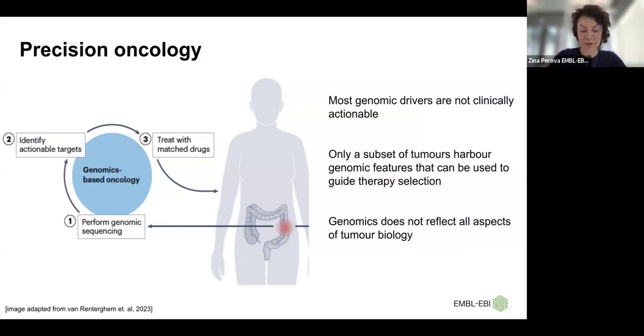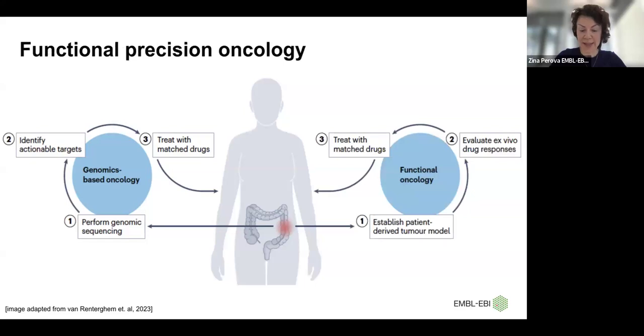So here come the functional precision oncology approaches that do not only analyze patient tumors for static features, such as the presence of targetable mutations at a given time, but also utilize patient-derived models that allow evaluation of drug responses, functionally testing them, and then treating patients with matched drugs.